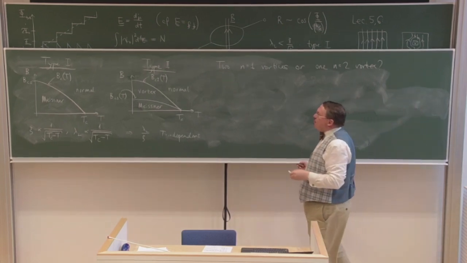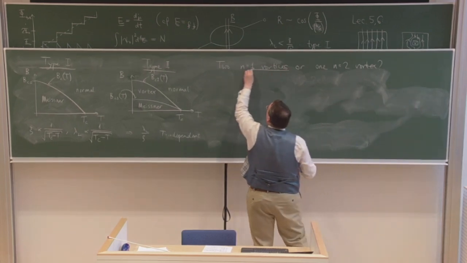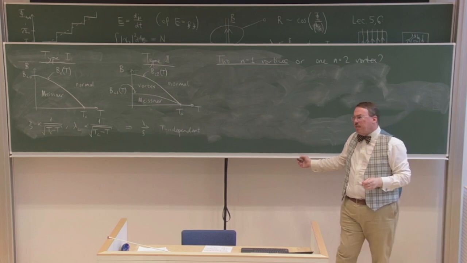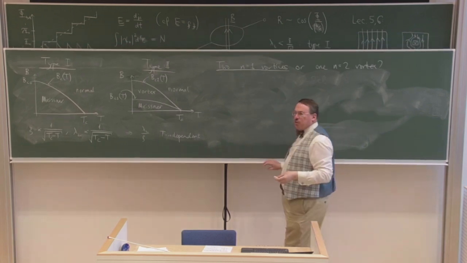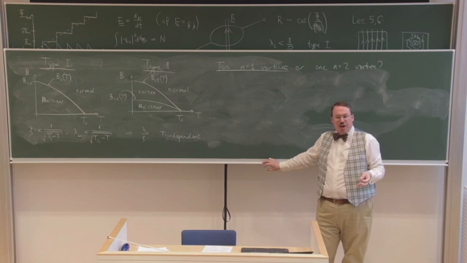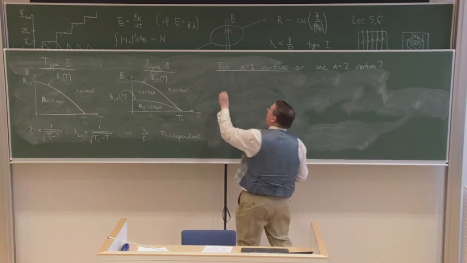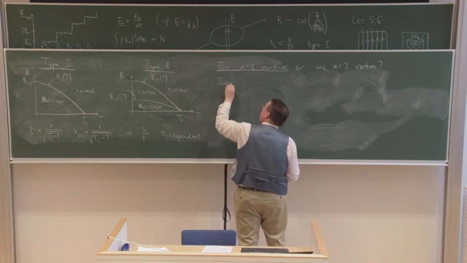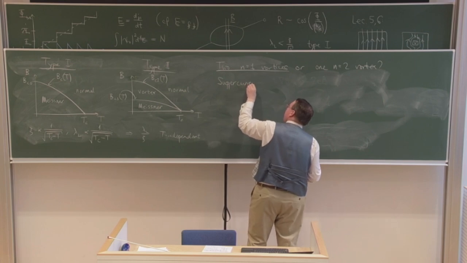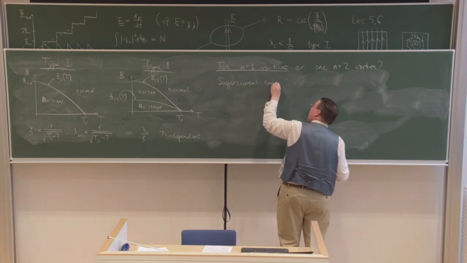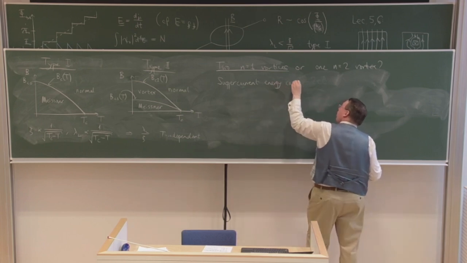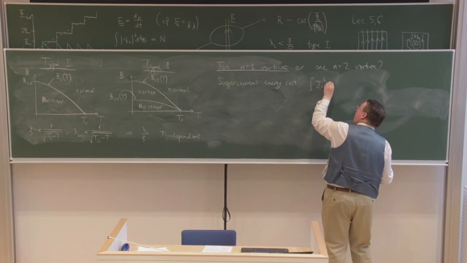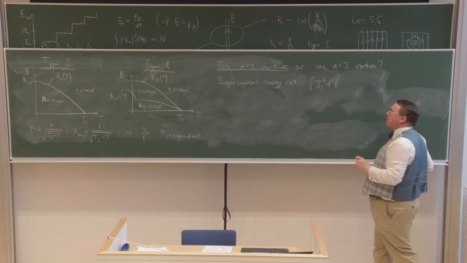And there are various ways to argue that it's actually the first answer, as it was in the superfluid, but basically the point is that all of the energies go like the square of stuff. So if I look at the supercurrent energy cost, which looks like some integral over space of the square of the supercurrent density.